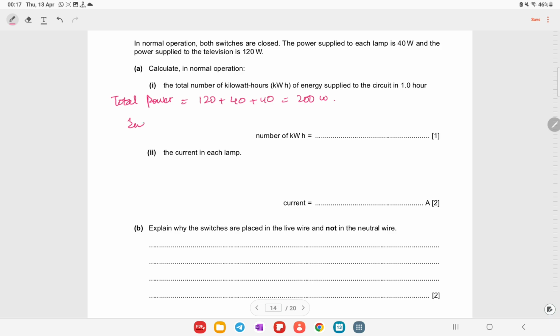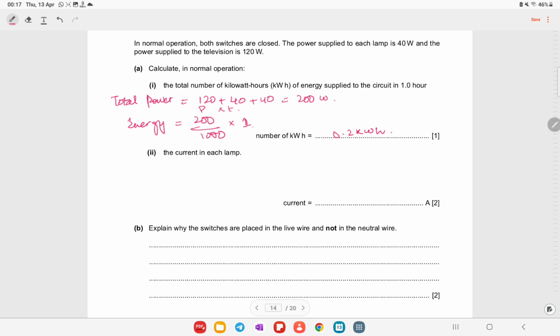Now to find energy, energy is power times time. Power is 200 watts divided by 1000 because we are converting it into kilowatts, and time is 1 hour, so it's going to be 0.2 kilowatt hour.